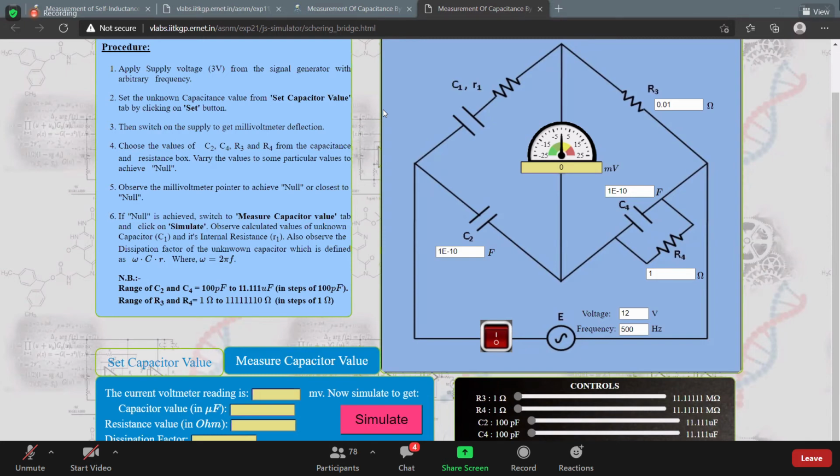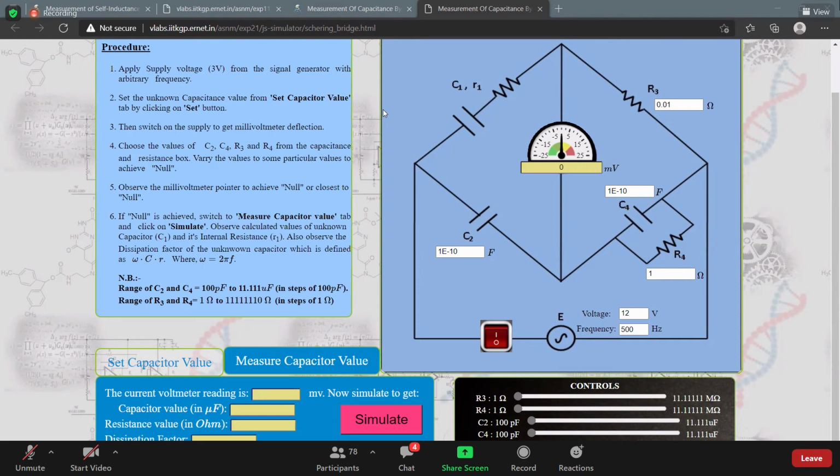And what is the meaning of balanced condition of bridge? When we get the voltage 0, the bridge is in the balanced state. That is the indication. Getting 0 output on the voltmeter is indication, but the balanced condition meaning is how many arms we are using in this bridge. 4 arms.